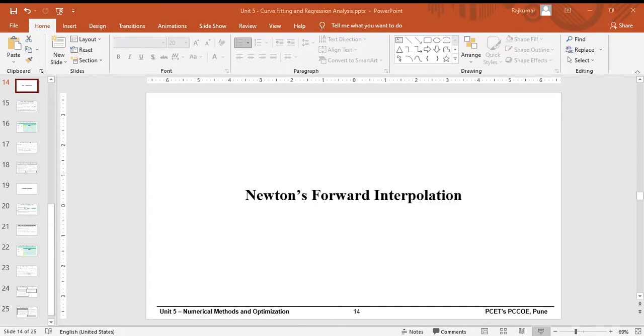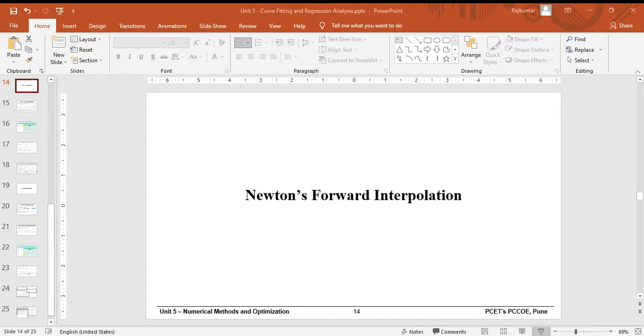Why did we take x naught as 150? You can also take it as x1 as 150, no problem. Then y naught 13.03, del y naught 2.01, then del square y naught, del cube y naught, and del raised to 4 y naught. These values we have taken from the previous table.